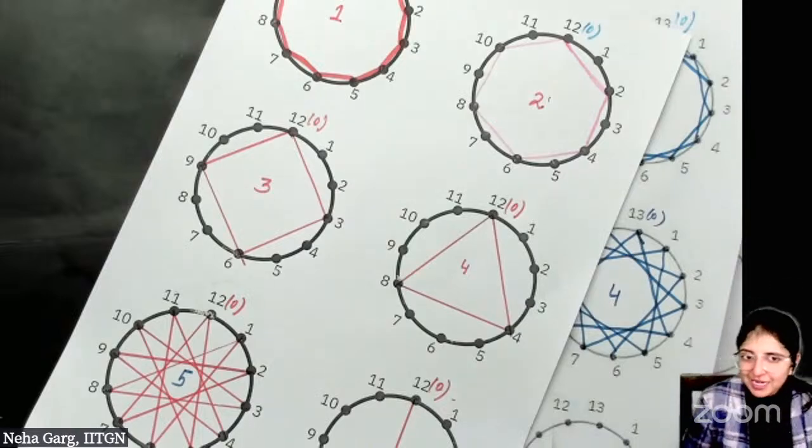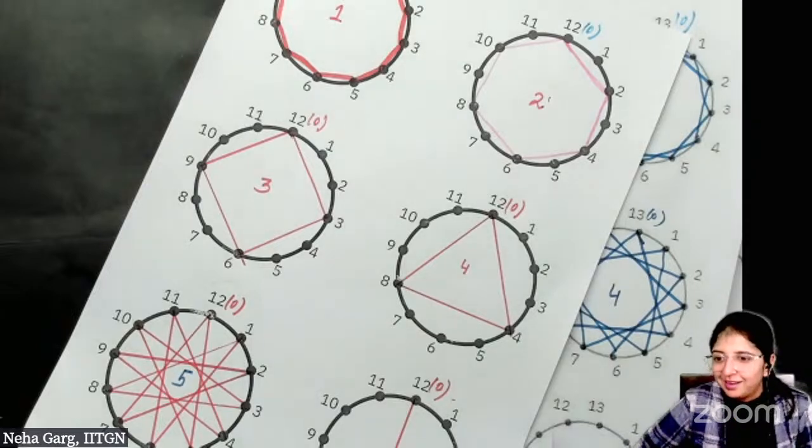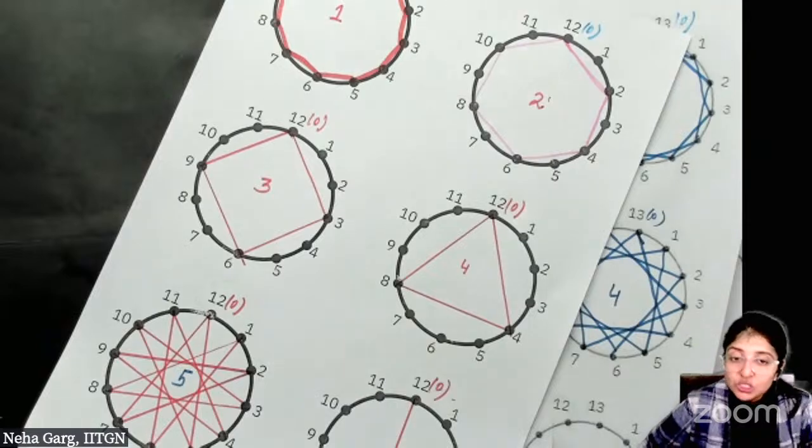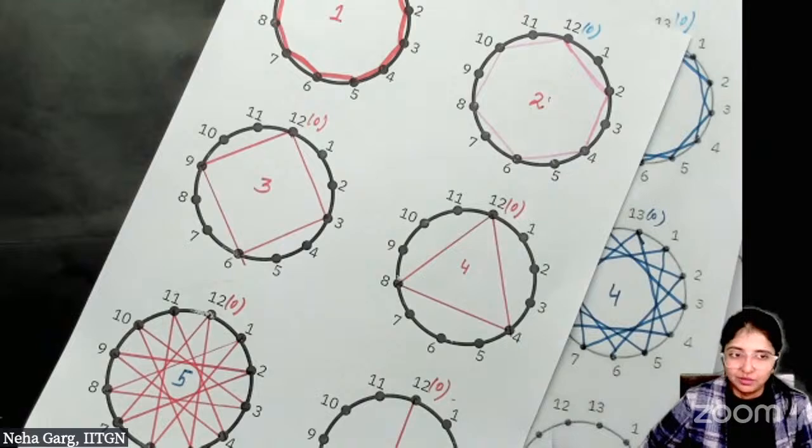Okay, someone has given the answer on the Zoom poll. That's good. Please write in the chat box also. We are talking about which of the following numbers create stars on a 12-point circle.